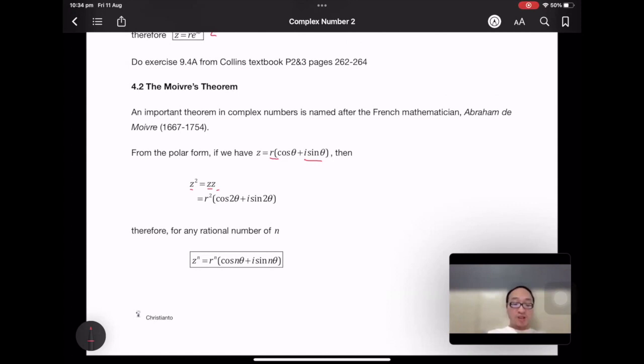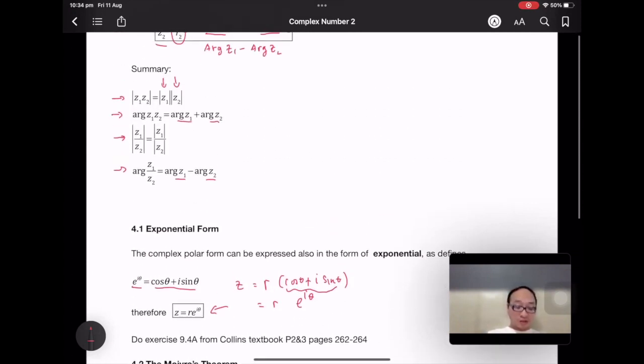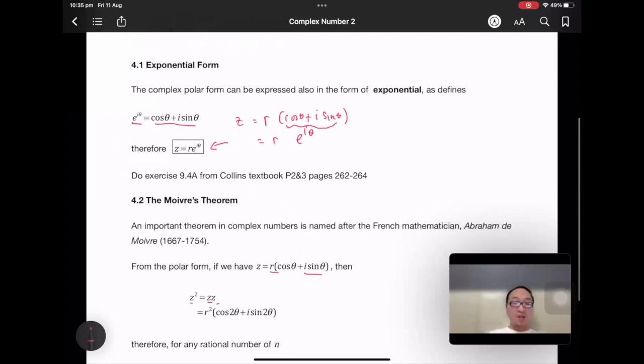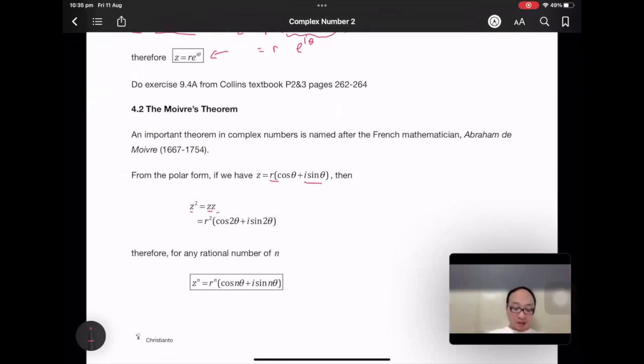According to the rule before, if we multiply, we multiply the moduli and then we sum the arguments. So this is r (cos theta plus i sin theta) times r (cos theta plus i sin theta).